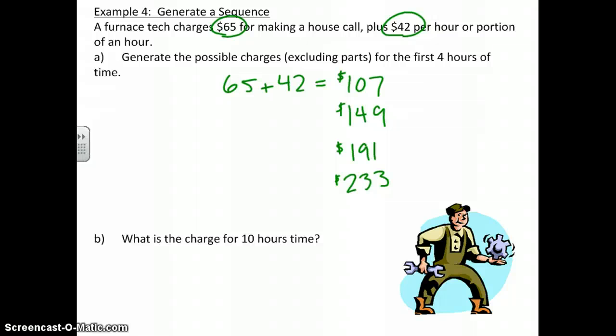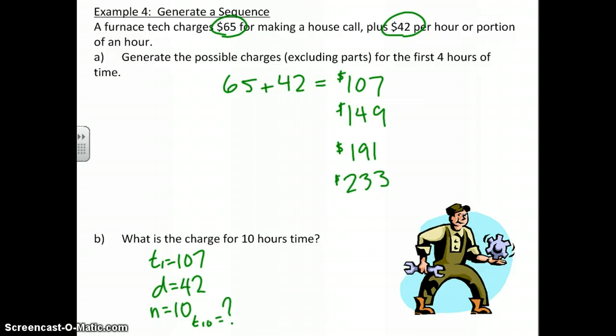And then part B, what's the charge for 10 hours of time? To figure that out, we probably want to set up a formula. We have that T1 is 107. We have that D is 42, that's how much it goes up each hour. N, in this case, is 10, and we're looking for T10.